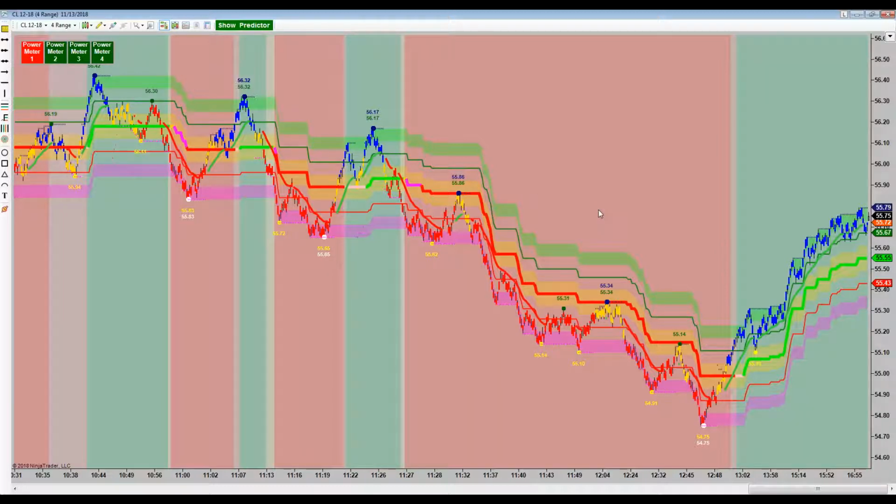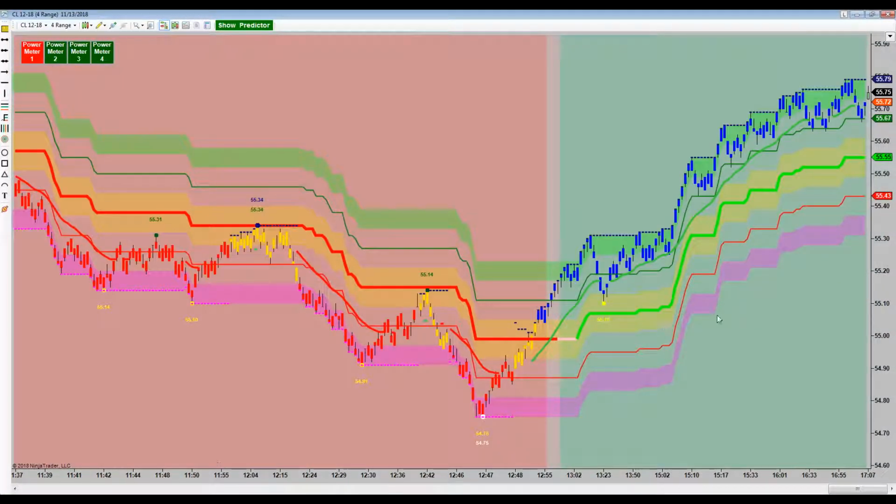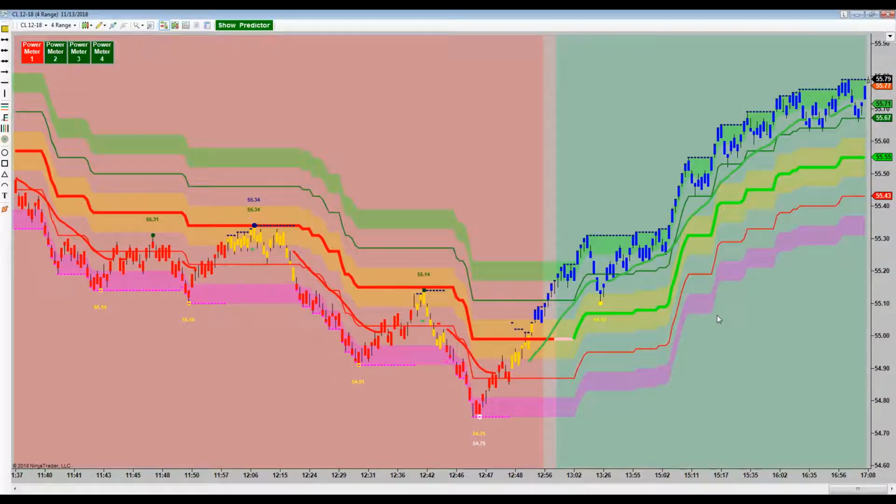And so when we say market condition, we're really talking about up, down, or sideways. So if we look at crude oil right now, are we in an up condition, a down condition, or a sideways condition? You can just type in U, D, or S. Up, down, or sideways.